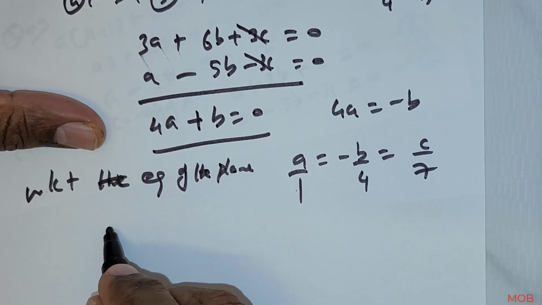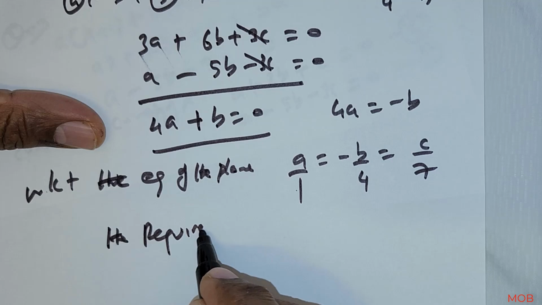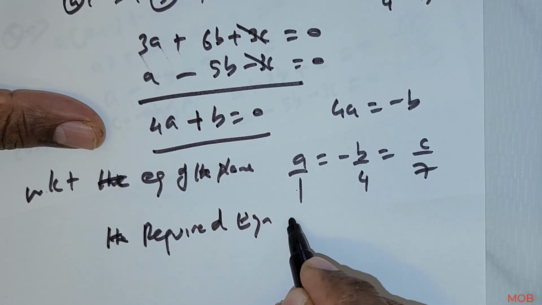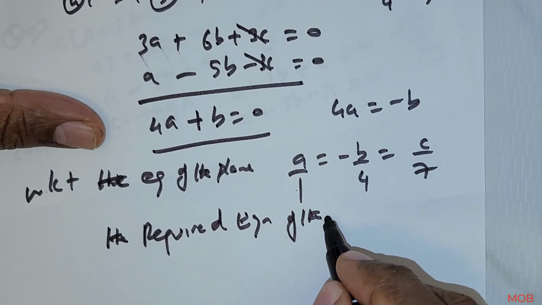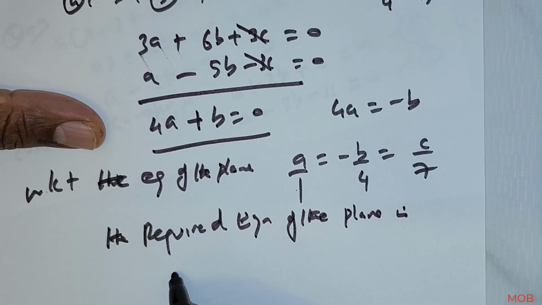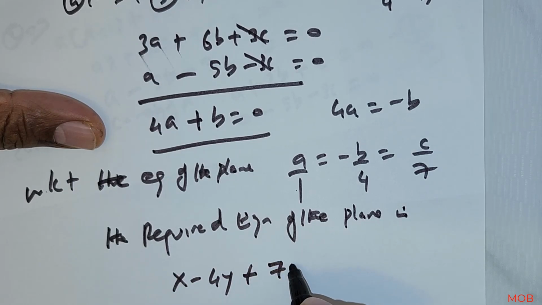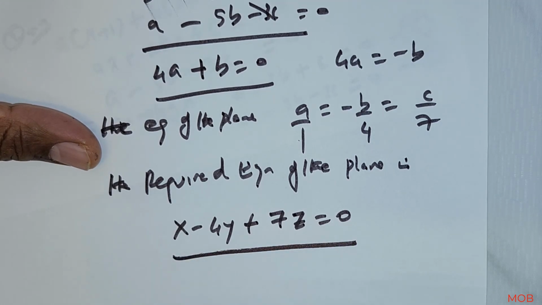So this means the required equation of the plane is x minus 4y plus 7z is equal to 0. So this is the solution for this question.